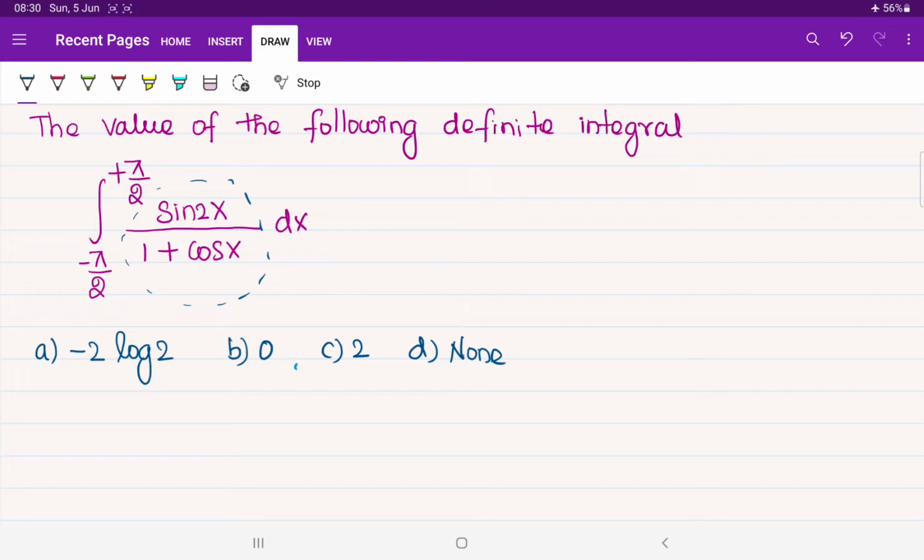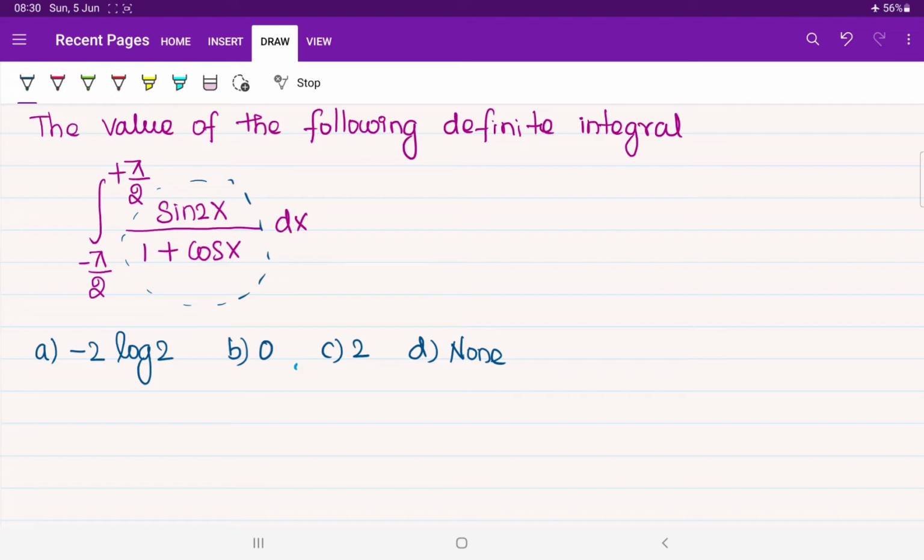So my suggestion is, whenever trigonometric functions like sin theta, cos theta are given in both numerator and denominator, and you feel that it is not easy to solve directly, it might be a little difficult. Whenever you observe a trigonometric function like this, instead of solving the question, try to observe whether the given function is an even function or not.